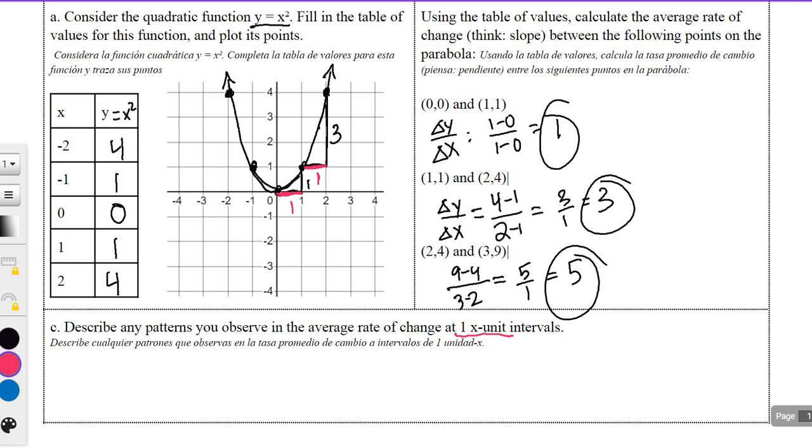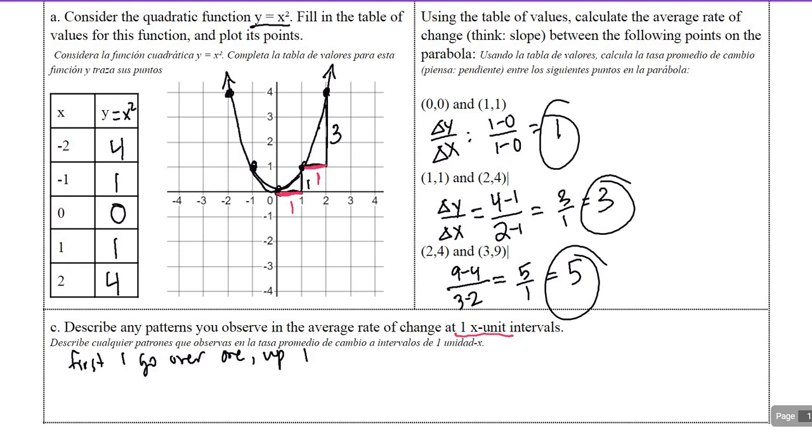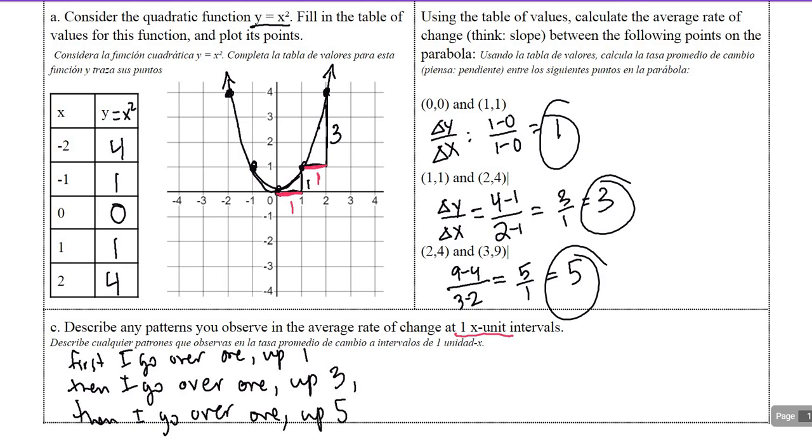First I go over 1, up 1. Then I go over 1, up 3. Then I go over 1, up 5. 1, 3, 5.